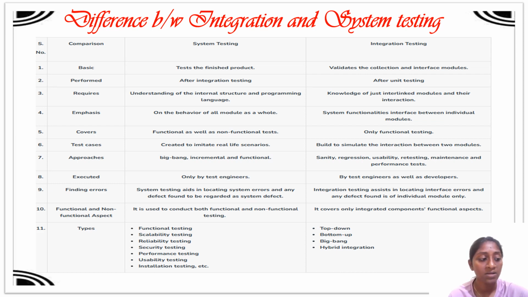To add upon the difference between integration and system testing: system testing aids in locating system errors and any defect found is regarded as a system defect, whereas integration testing assists in locating interface errors and any defect found is of an individual module only.